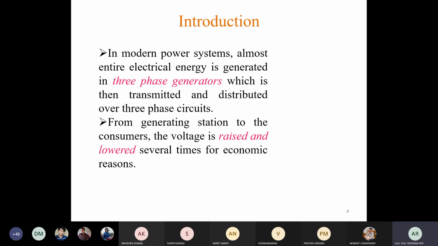and while we are transmitting this power from this generating station to the consumer premises, during this transmission we require to raise or to lower the voltage levels several times for economical reasons.